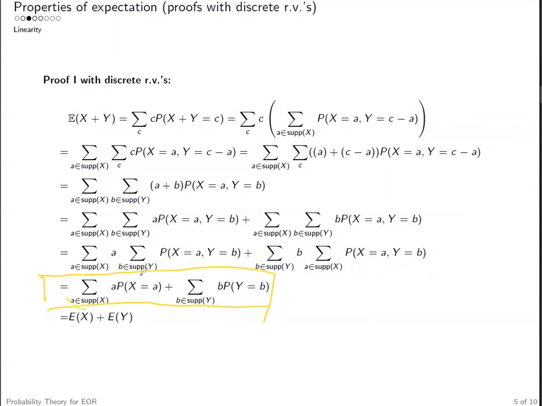Look at the first term, it is essentially equal to the expectation of X, according to the definition of the expectation of discrete random variables, and the second one is the expectation of Y. So we provide a proof here with discrete random variables.